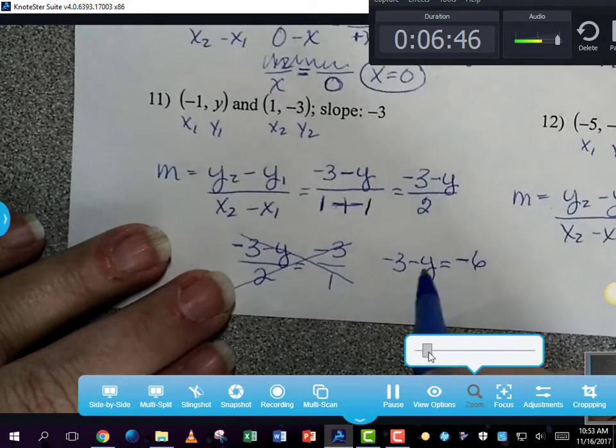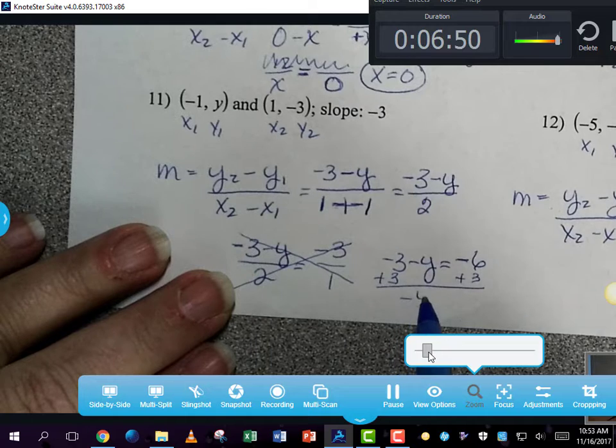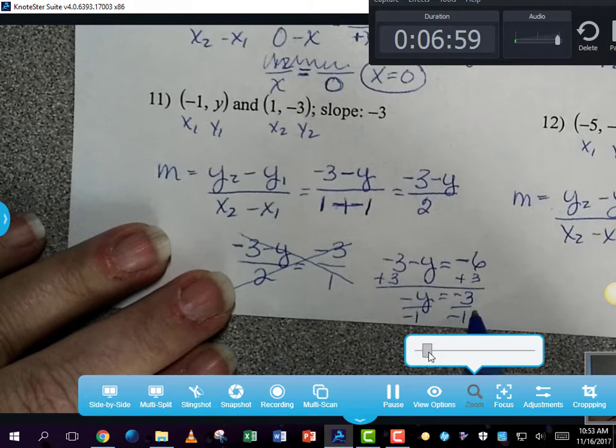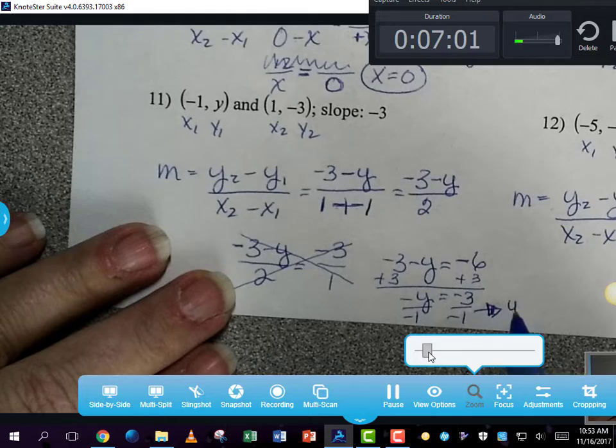And then I will solve for that, add 3 to both sides. I get the opposite of y equals negative 3, divide both sides by negative 1 because I want a positive 1 coefficient, not a negative 1 coefficient. And what that will give me is y equals positive 3.